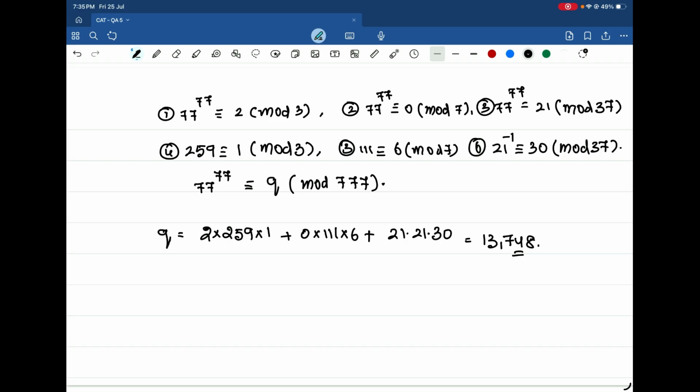Here, this 30 is the remainder, and here I will write one by one for your clarification. I will show how we have used this formula and how it has come.